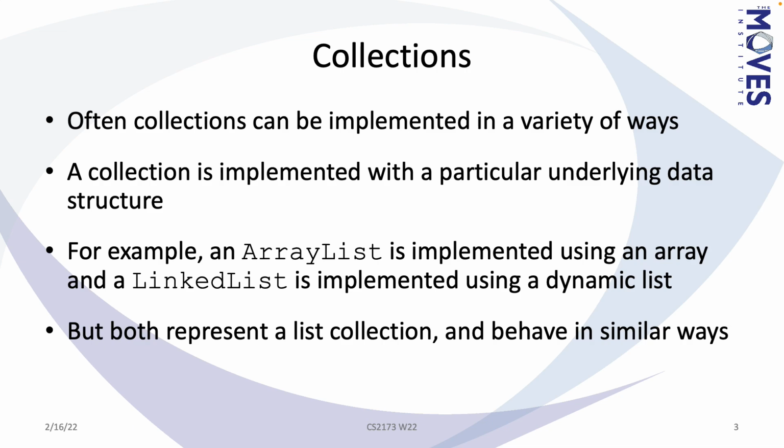In particular, there is an interface called list. And we've talked about what an interface is. And there are two main implementations of that in Java. One is array list, which we've encountered, and the other is linked list.